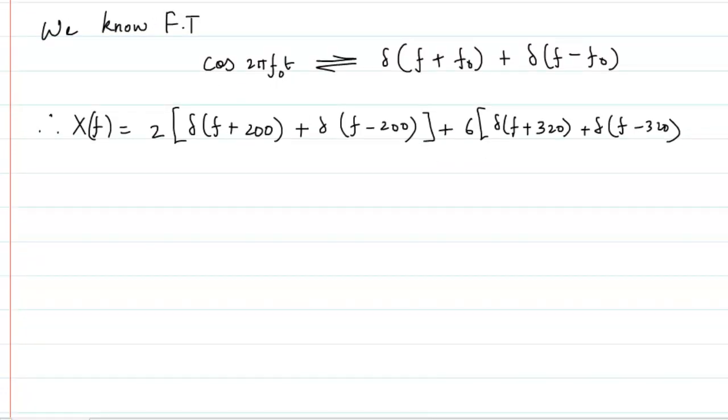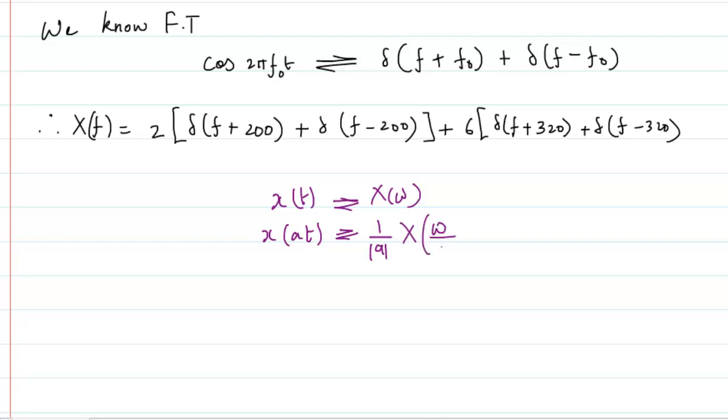You might be asking, sir, how are we dividing all this? Remember one of the properties of the Fourier transform that we have studied: if you have a signal x of t and you know its Fourier transform x of omega, then for x of at, all you have to do is divide by the magnitude of a and replace omega with omega by a. That is what it basically means.